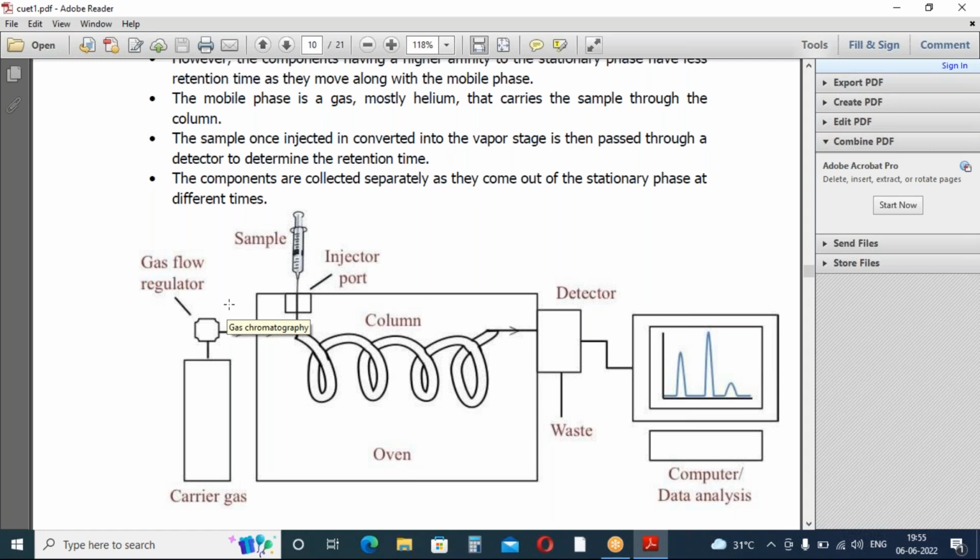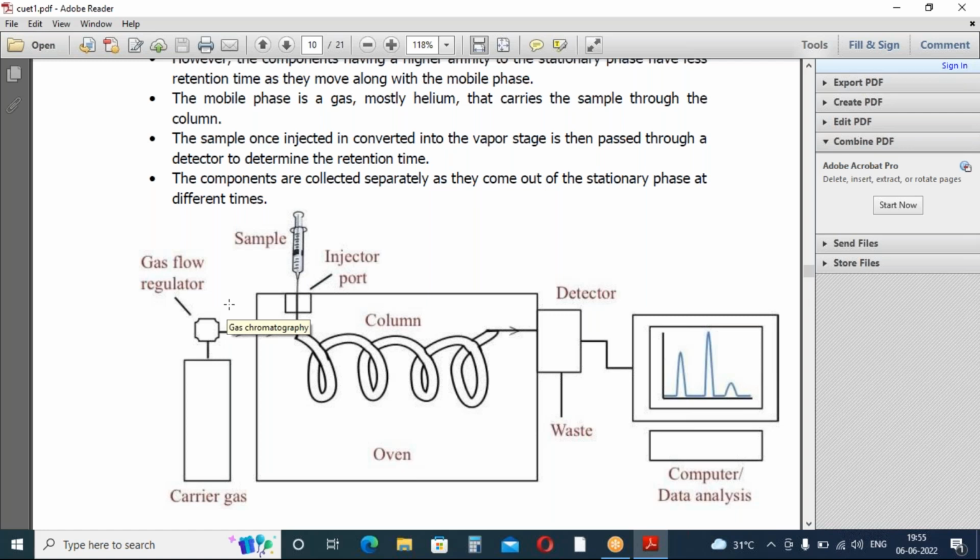I think you know what the stationary phase in column chromatography is, and the same is used for gas chromatography also. Whereas the mobile phase is a gaseous phase, mainly helium gas, which carries the sample through the column.